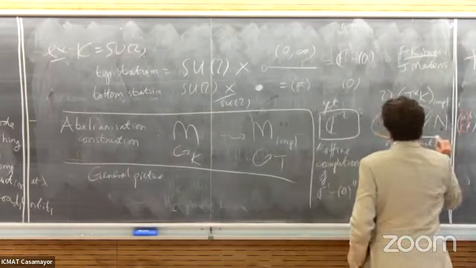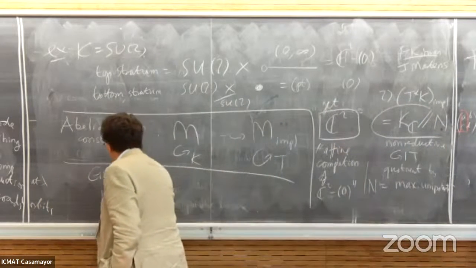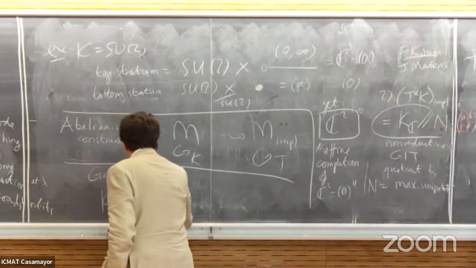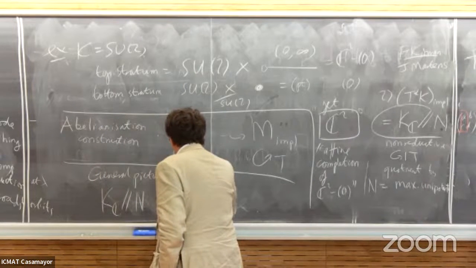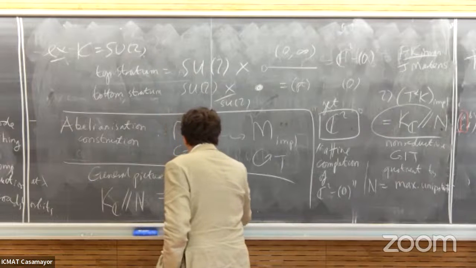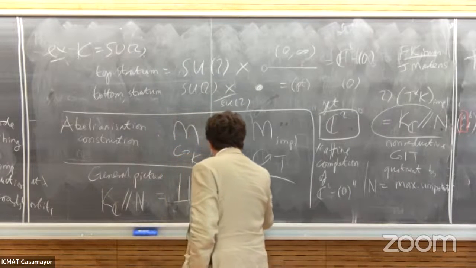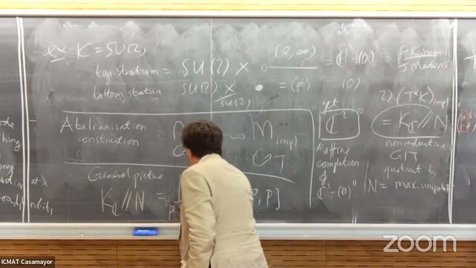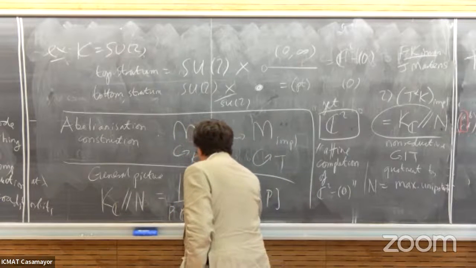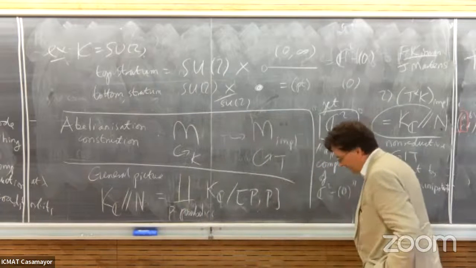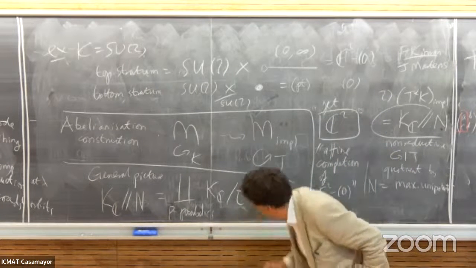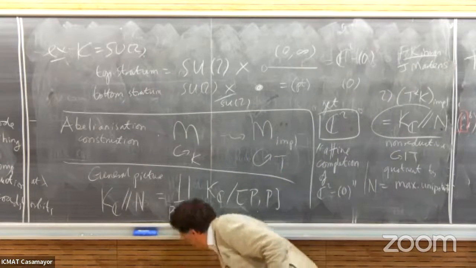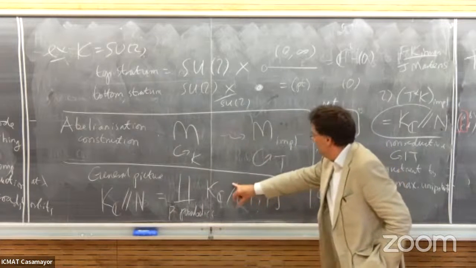algebraically, the universal implosion, this non-reductive quotient, is a union of strata where the strata are indexed by the standard parabolics, and each stratum looks like that.